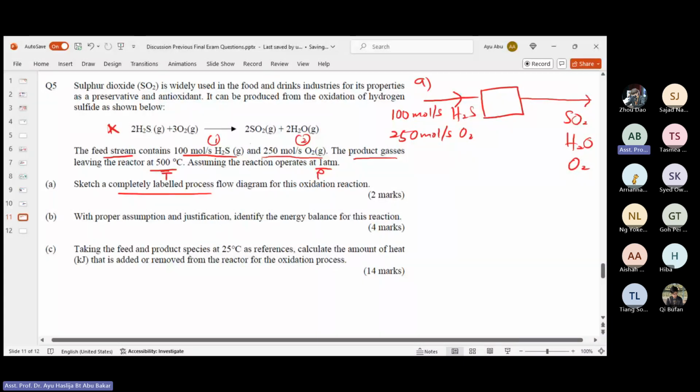How do you know O2 is in the product gases as well?